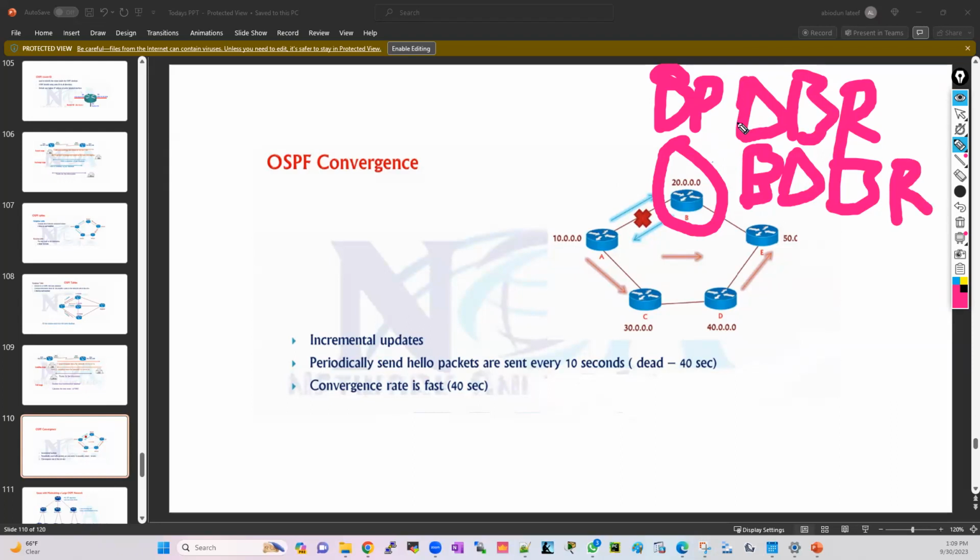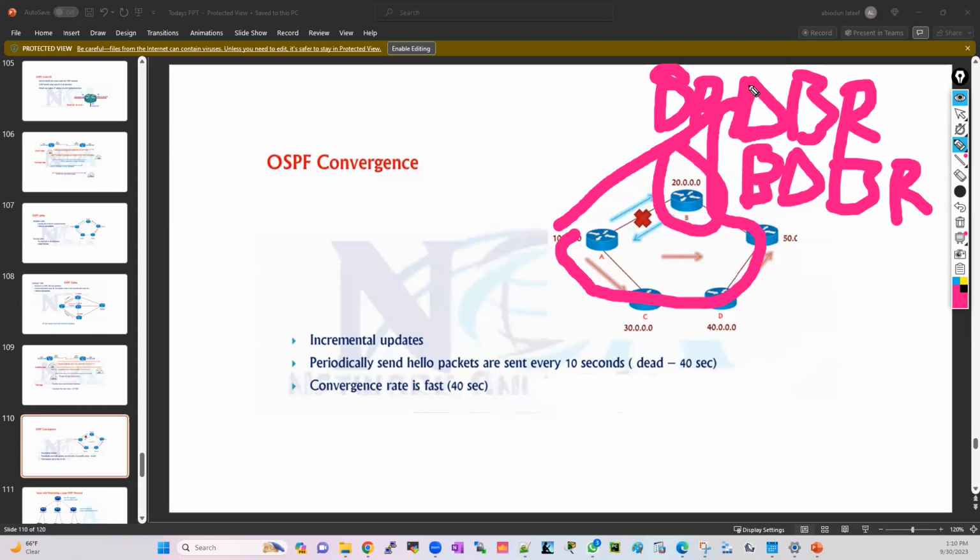This designated router will be the leader. When it's trying to send a packet to everybody in the area, it makes sure that every participant in that area is alive, and they will be exchanging hello packets all the time.